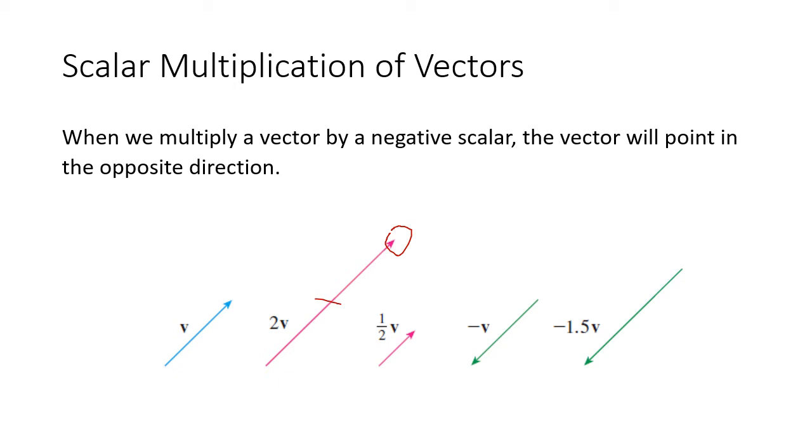Minus v means that now I'm going in the opposite direction. So this is still parallel, but now it's facing the opposite way. And I can even do negatives with other scales too. So negative 1.5v, again, the opposite direction, but now it's 1.5 times as big.